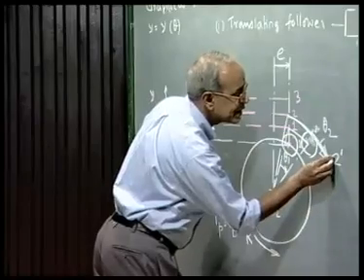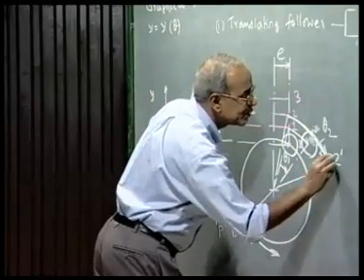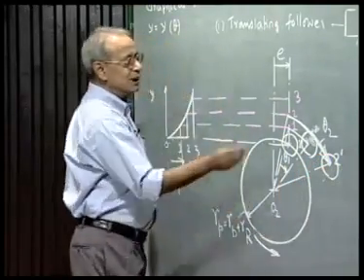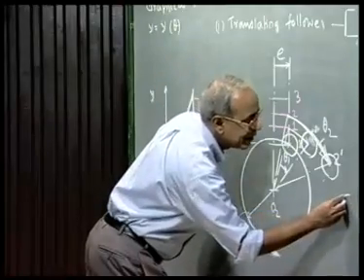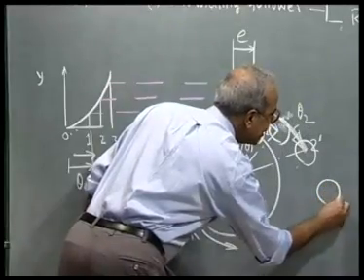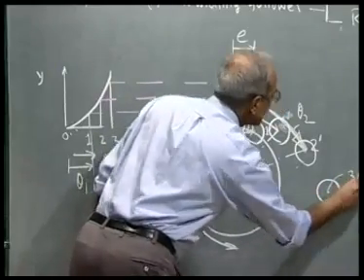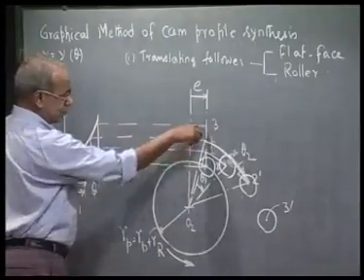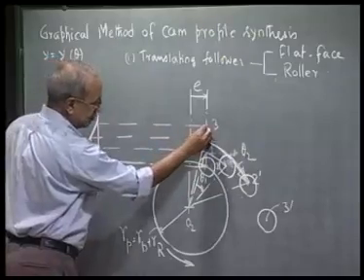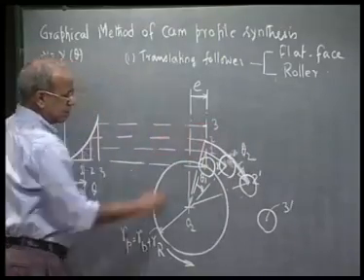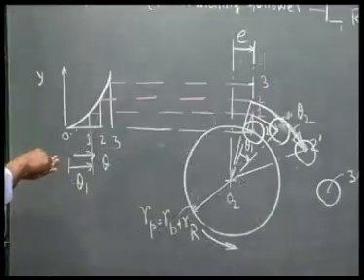With this point as center, I draw the same roller. So this way I keep on drawing rollers. This is, say, 3 prime, the inverted position of the trace point corresponding to the third station point.